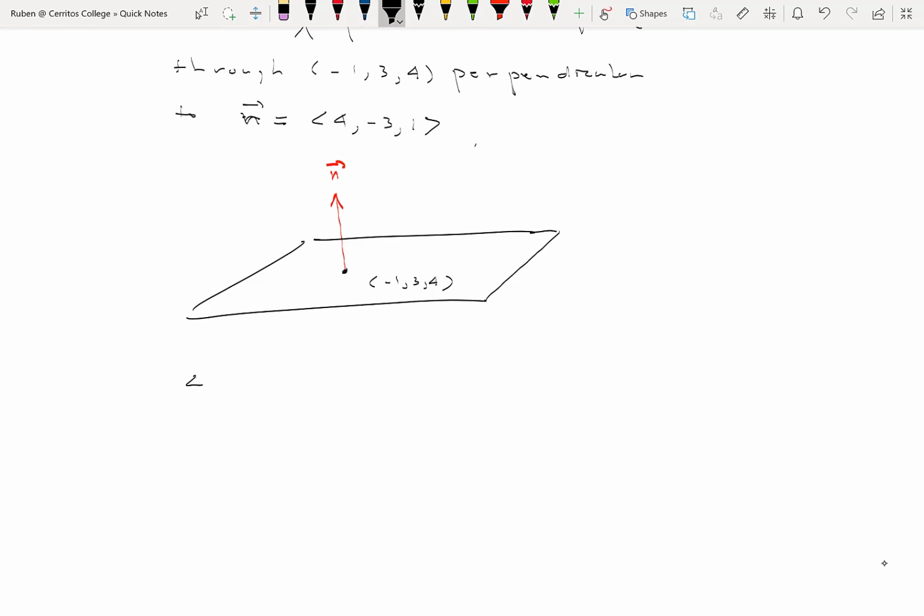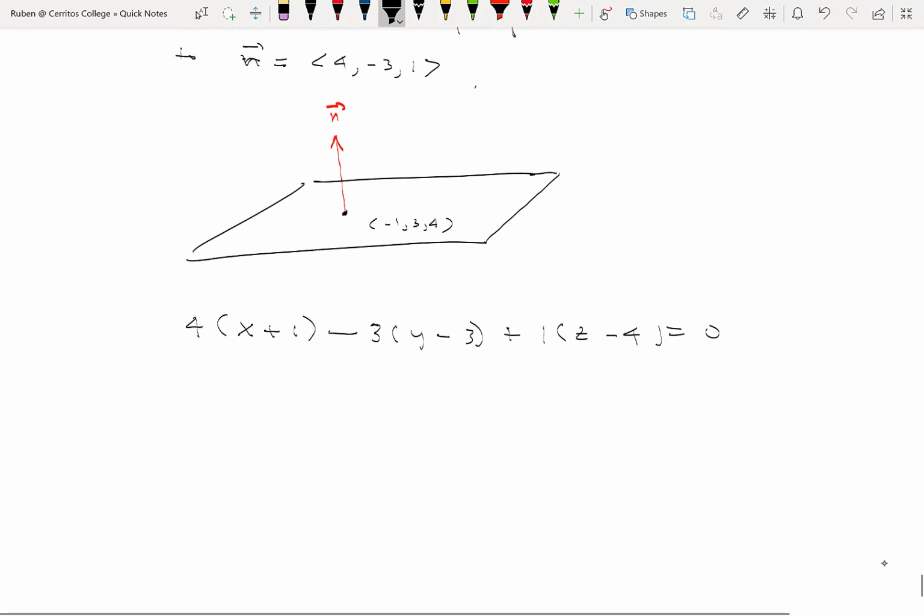So a is 4 times x minus x naught, which is -1, plus b is -3, so I guess I should put in a minus 3 times y minus 3, plus 1, third component of normal is 1, times z minus 4 equals 0.